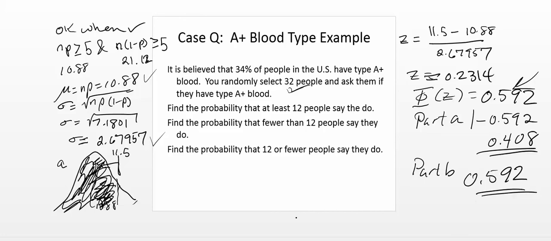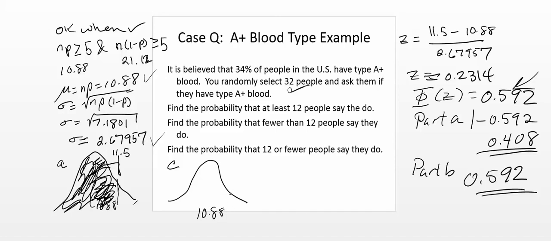Now in part C, it asks, what is the probability that 12 or fewer? When I'm asking about 12 or fewer, my normal distribution is still centered at 10.88 with the standard deviation equal to 2.67957.